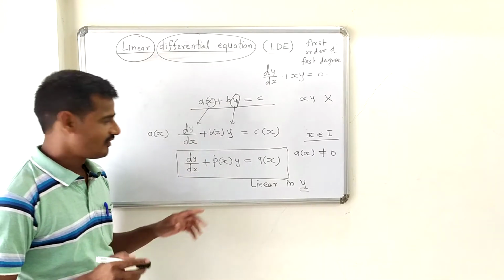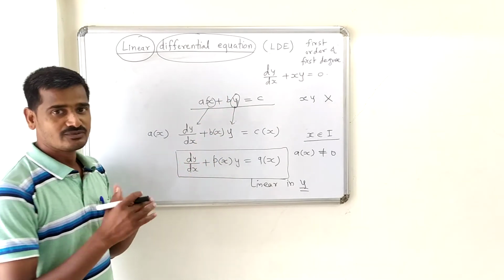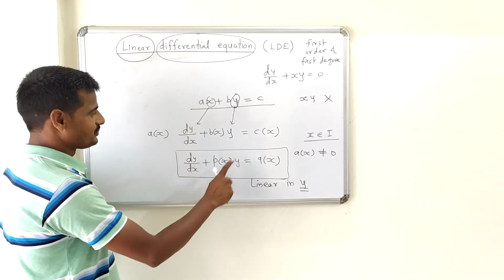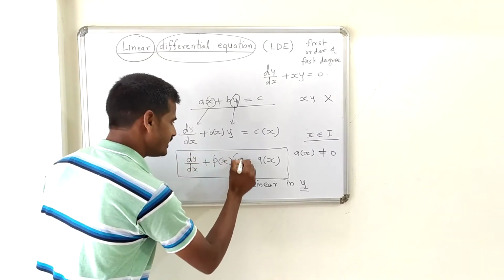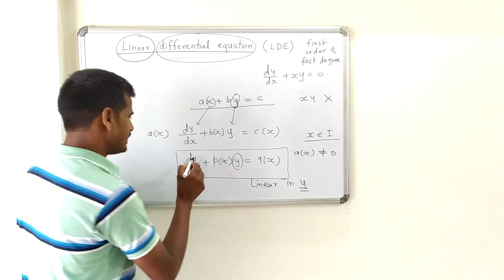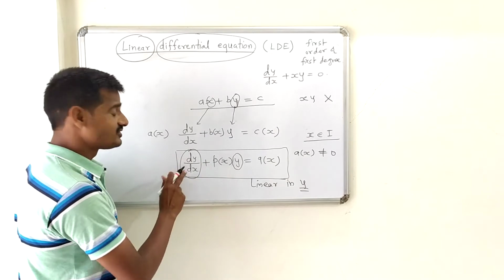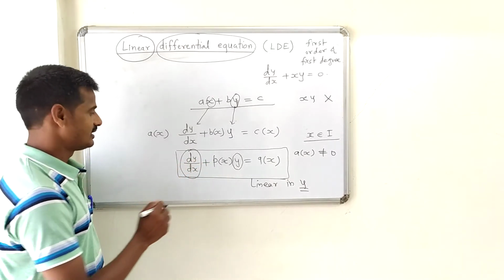If you want to define linear differential equation of first order and first degree in terms of definition, we will say that it is a differential equation in which the degree of the dependent variable is 1 and the degree of its derivative with respect to the independent variable is 1.